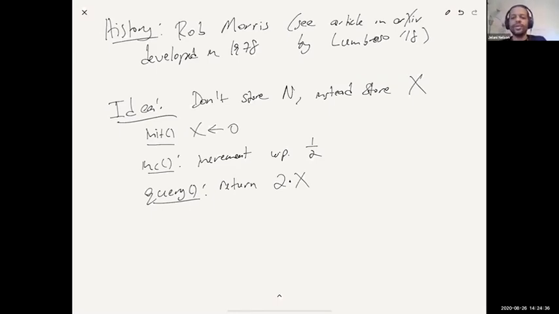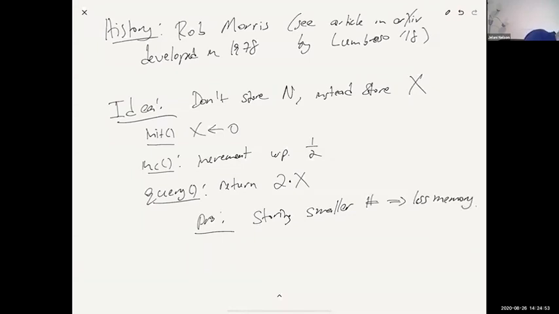Okay. Now, what are the pros and cons here? So the pro is I'm storing probably a smaller number. Instead of storing n, I'm storing n over 2. So storing a smaller number takes less memory, right? What are the cons?